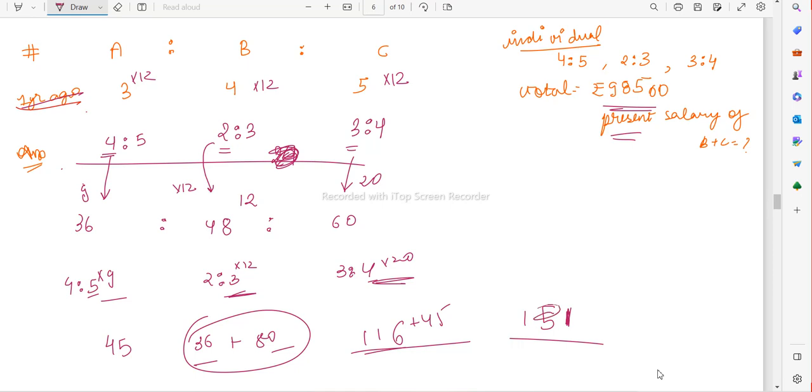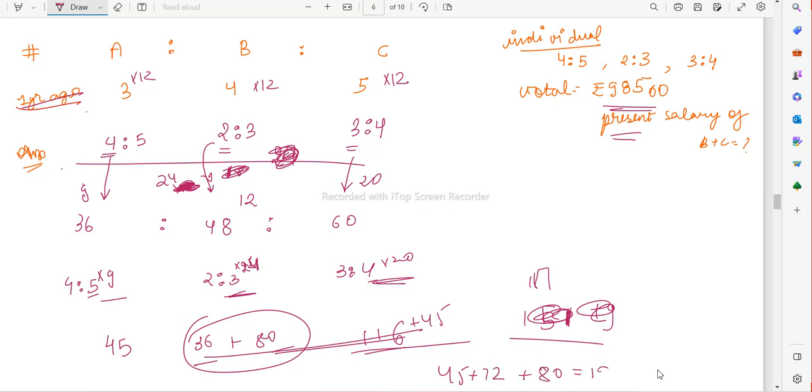It is 151. Wait, 24 times है ये, दैट्स व्हाई इट इज कमिंग रॉन्ग। एक सेकेंड, ये हो जाएगा आपको 45 प्लस 72 प्लस 80, so it is 197.